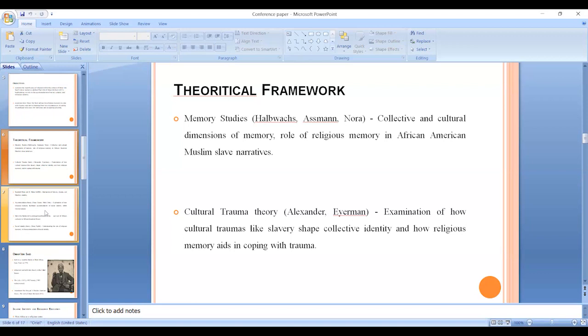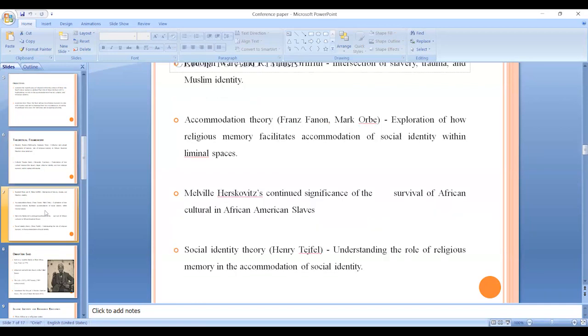The study also employs the cultural trauma theory by Alexander and Ron Eyerman, who are authorities on cultural trauma theory. Also, my study would employ the theories on the intersection of slavery, trauma, and Muslim identity.